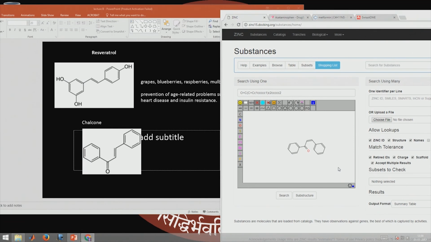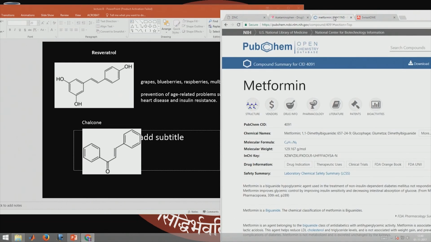So, SMILES notations we can copy and get the structure of molecules. That is very simple to do rather than actually drawing structures. We can move molecules from one database to another using this SMILES notation. You can see this SMILES notation for this particular molecule.